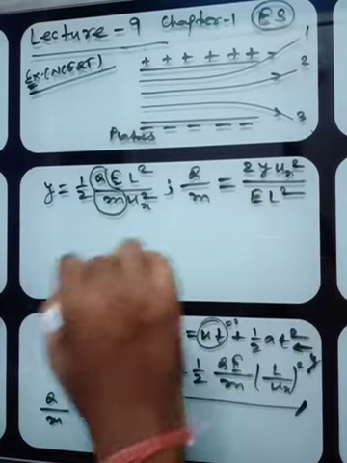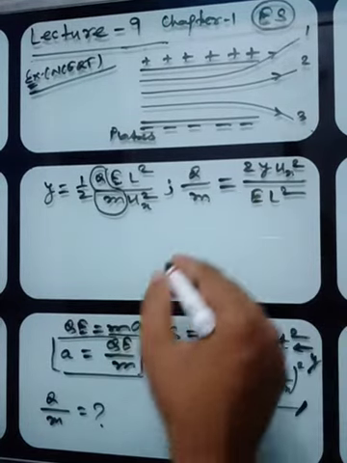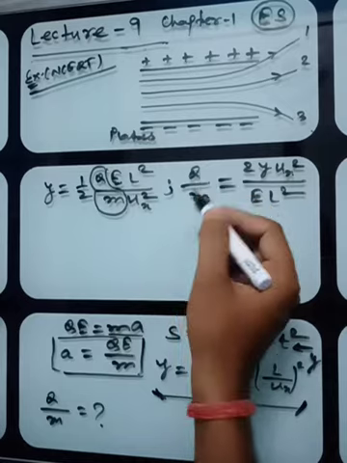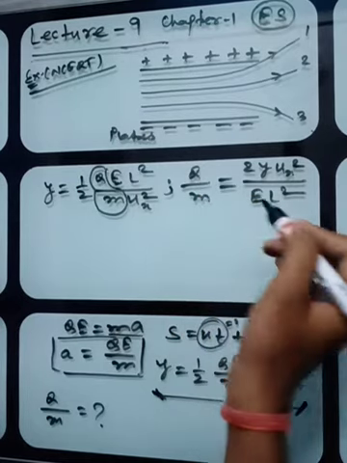So this is the charge by mass ratio. Which one has the greater value, 1, 2 or 3? This was the question actually.